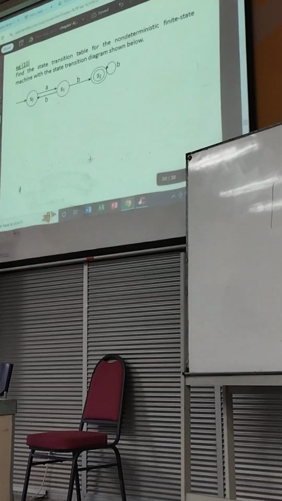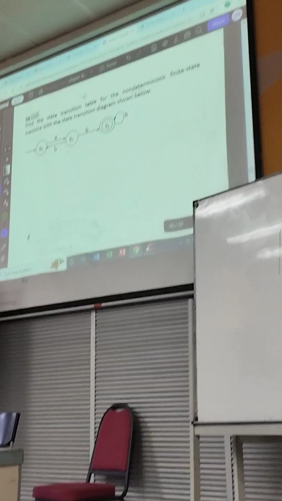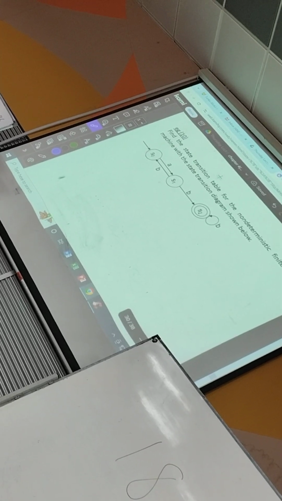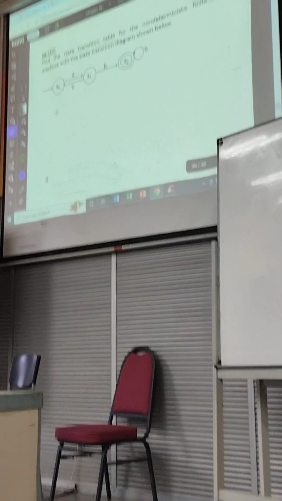For this one, they say find the state transition table. Opposite. Just now the table is given, you draw the diagram. Now the diagram is given, you construct the table. You can do, right?